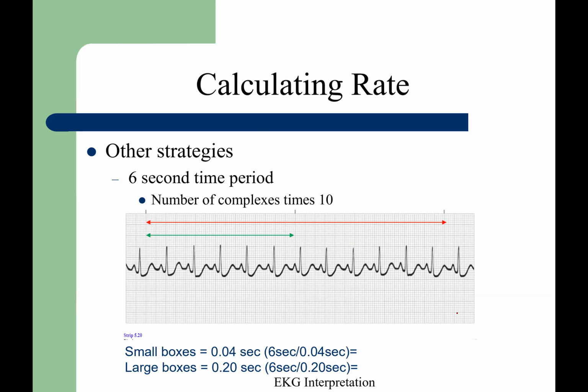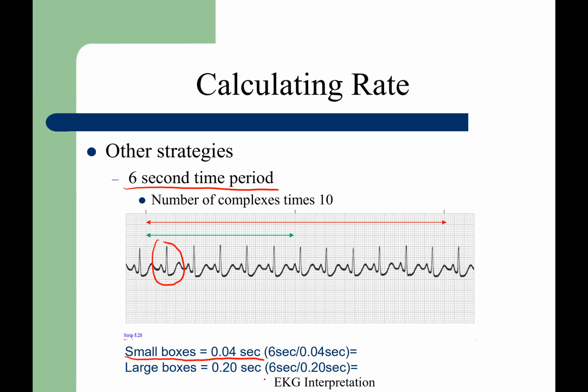So the next strategy and the next method is called the 6-second time period. What we're going to do is count the number of complete cycles or complete heartbeats within 6 seconds. Well, how do I get 6 seconds? I could do some basic math because I know that each small little box is 0.04 seconds.